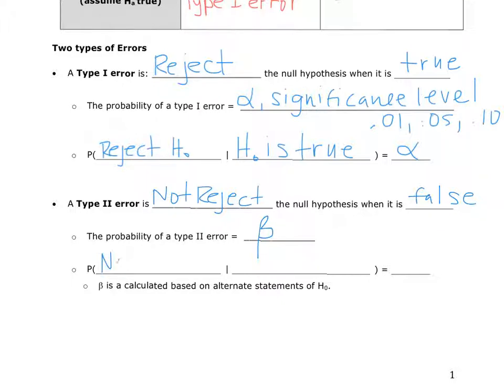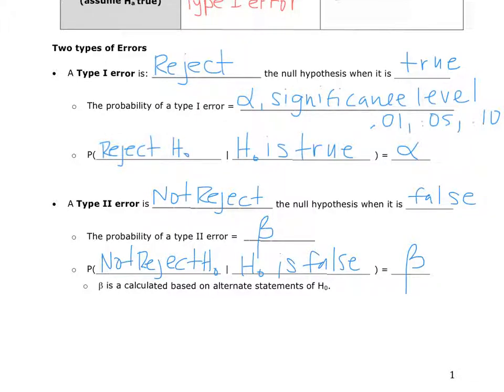In probability notation, we're going to write that a type 2 error's probability is the probability of not rejecting the null given that it is false, the null is false. And that probability we refer to as beta.